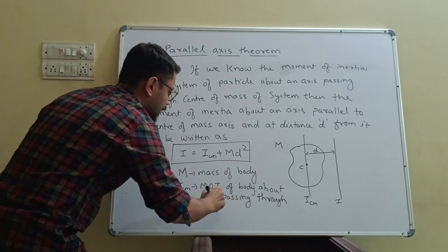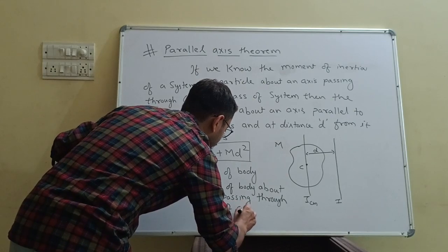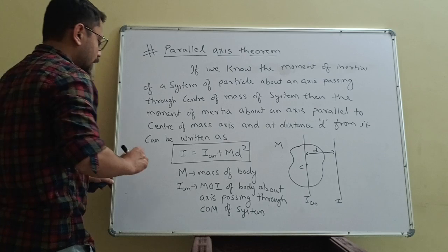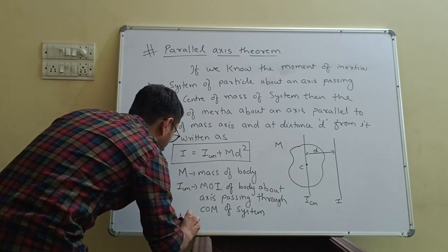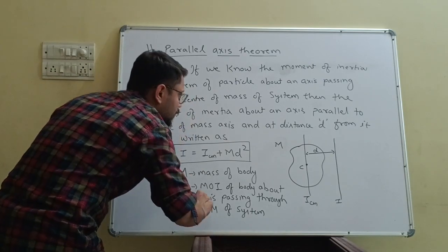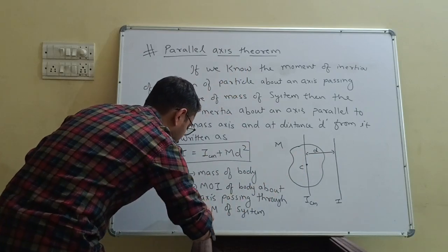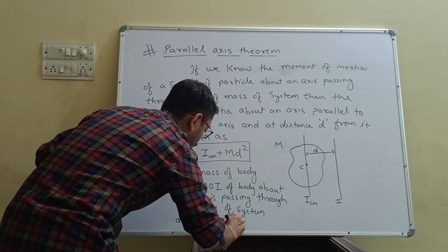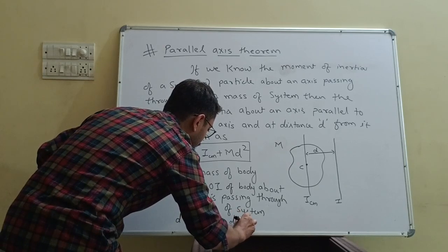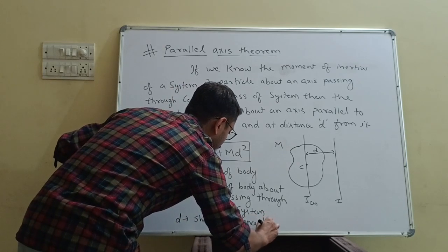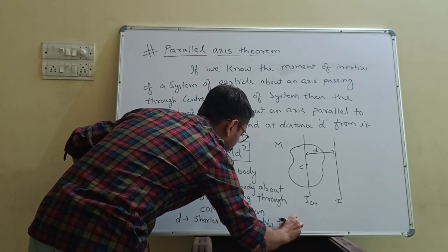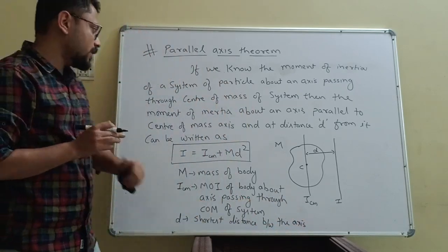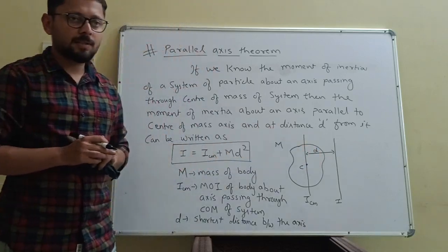COM stands for center of mass of the system. And d is the shortest distance between the two axes, that is, the shortest distance between the new axis and the center of mass axis.